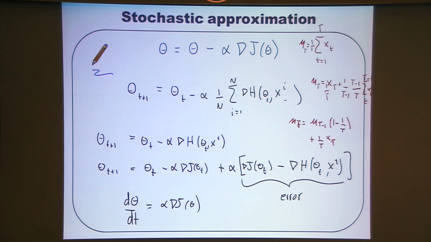So you only need one sample in order to compute your mean, because you're maintaining the average here. And that's essentially the idea of why you only need one sample. Okay. And most RL algorithms, like Q-learning and so on, are exactly the same thing. It's just a way of doing averages recursively.